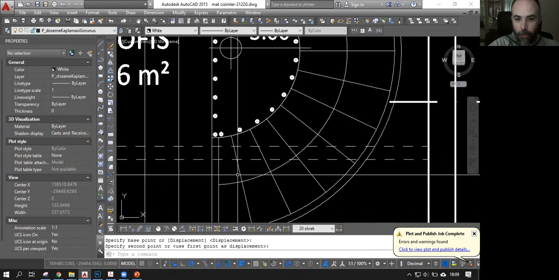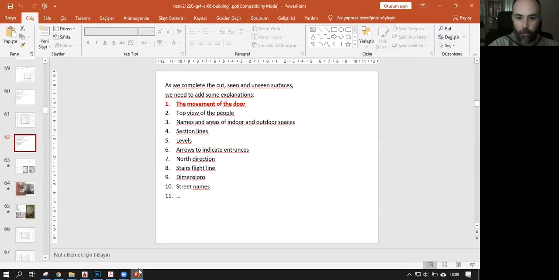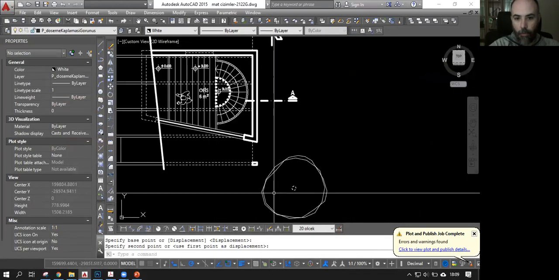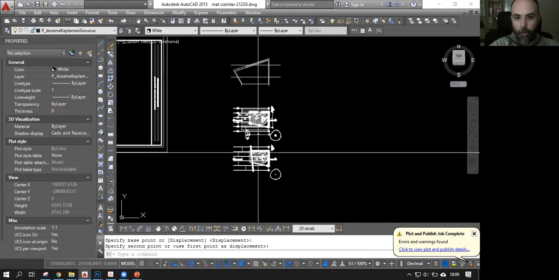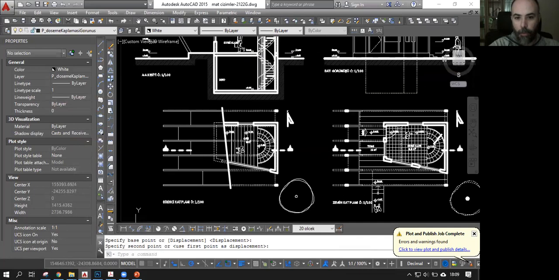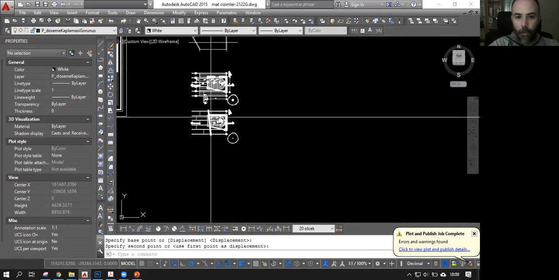We cannot see the first step, so there are no 2 short lines. We don't need to do the dimensions because we did them on ground floor since there are no streets. So we don't need to indicate the name of the street. So this is our first floor plan. Now we can write its name here.